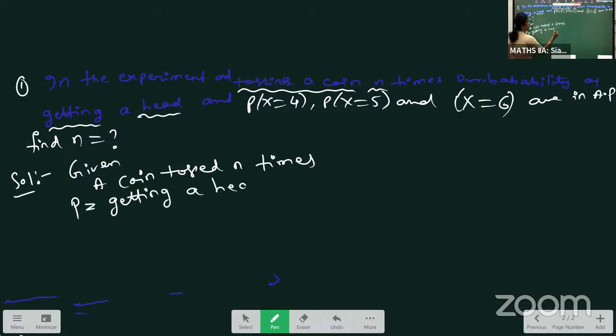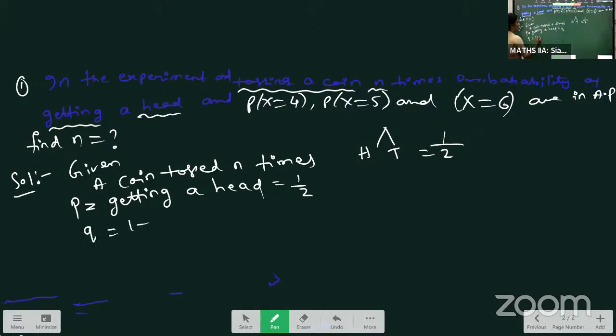When we toss a coin, we know there are two outcomes, one is head, the other one is tail. How many outcomes are there? Two outcomes. But the probability of getting a head, how many times is it coming? Only one time. So what is the value of P? 1 by 2.